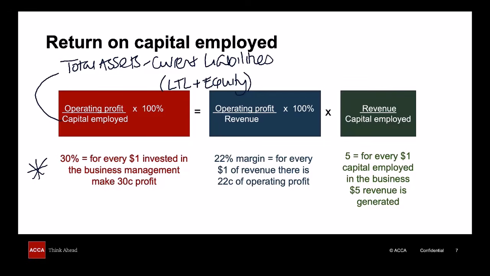Now, why is it useful to break down ROCE into those two ratios? Because you can then analyse these two separately. You can identify which one of them is responsible for a movement in ROCE and go into that in more detail. So say the ROCE 1 year was 40%.